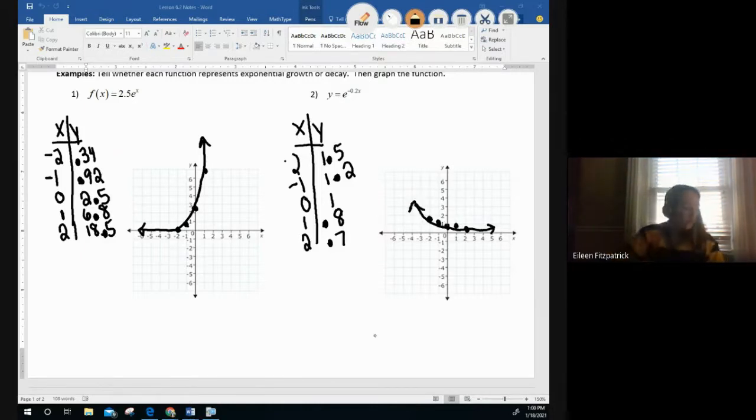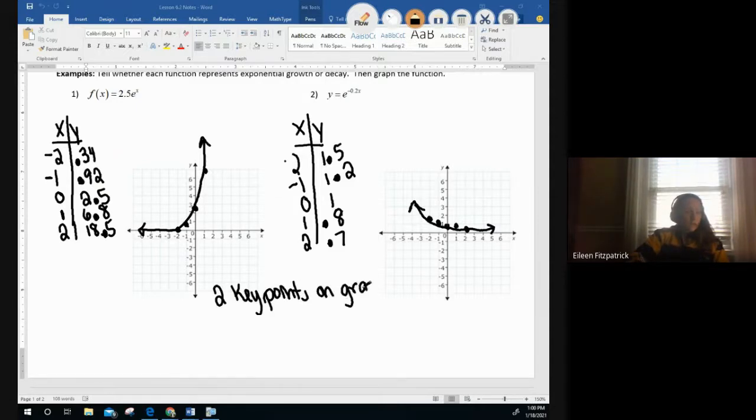Now, two key points on the graph. Take a look at the functions, take a look at the table of values. What do you think 2 key points are?